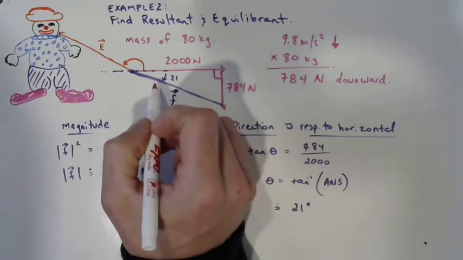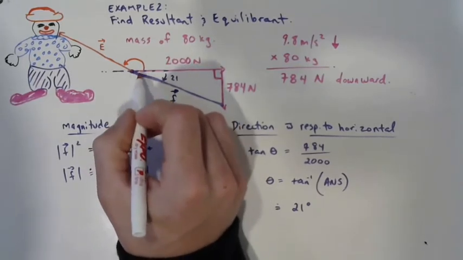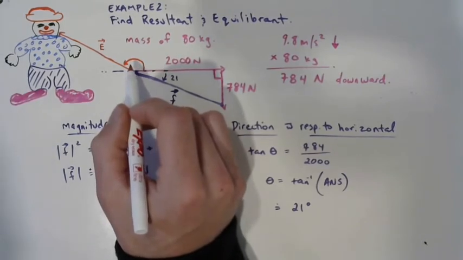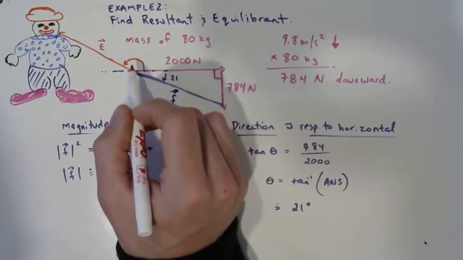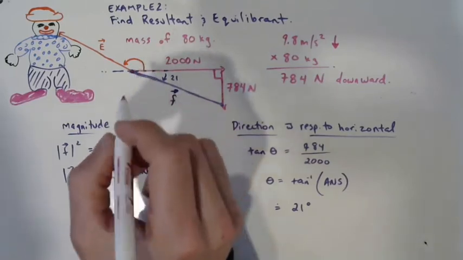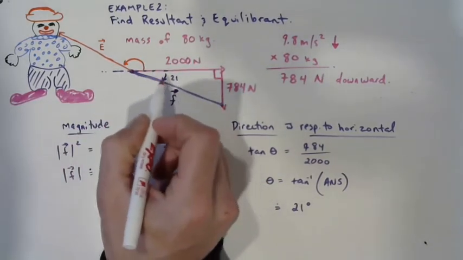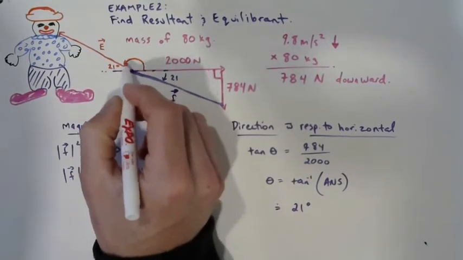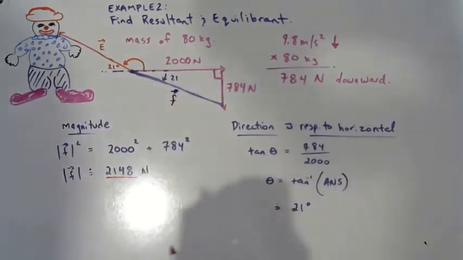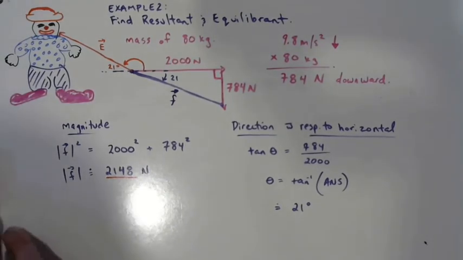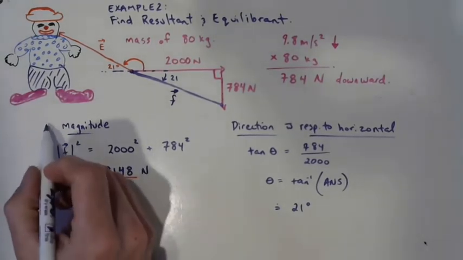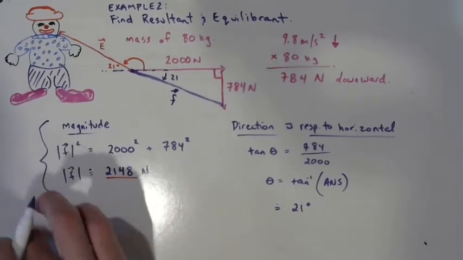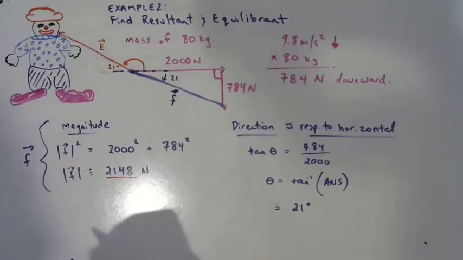The direction then is going to be counterclockwise from the horizontal. We just need to figure out what this angle is, and that's not super difficult. What we have already created here is an opposite angle. And so the angle that we're looking for is just 180 minus 21. So this is all for the vector F, resultant.